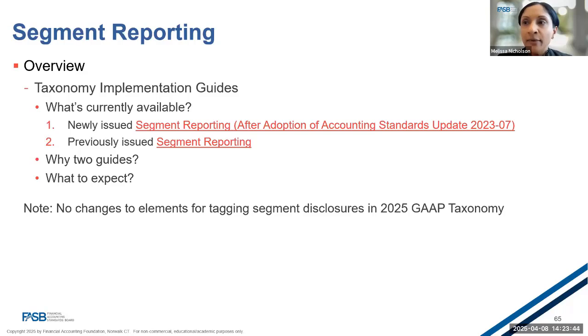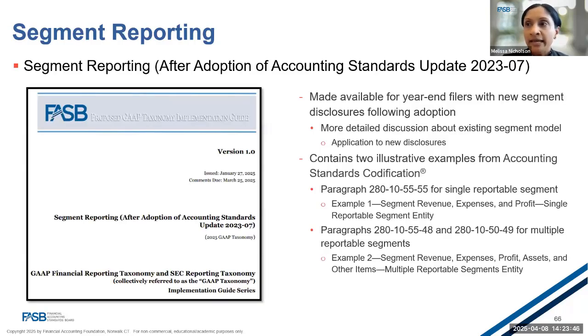So next slide, please. At the end of January, we issued the new segment reporting after adoption of 2023-07 guide so that it could be made available for those preparers that would need to tag their year-end disclosures with the new segment requirements following adoption of 2023-07. It basically provides a more detailed discussion about how to apply the existing segment model to the new disclosures.